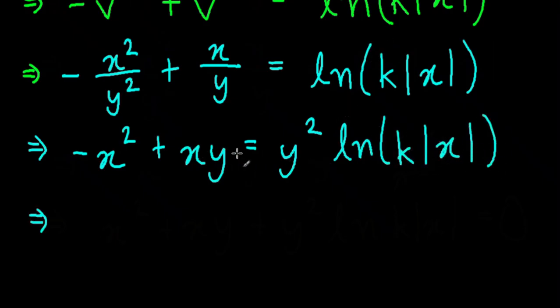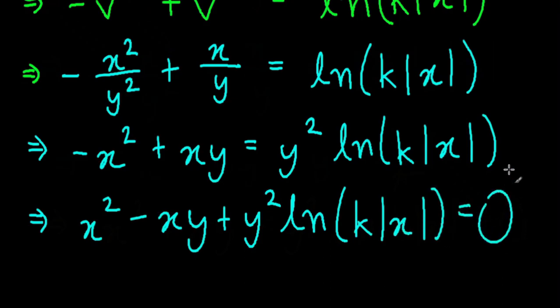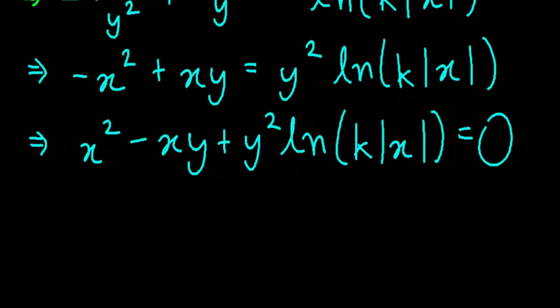Well, this is more or less the solution. If we just want to bring everything to one side, you're going to have x squared minus xy plus y squared natural log of k multiplied by the absolute value of x equal to 0. Voila, we have our solution.